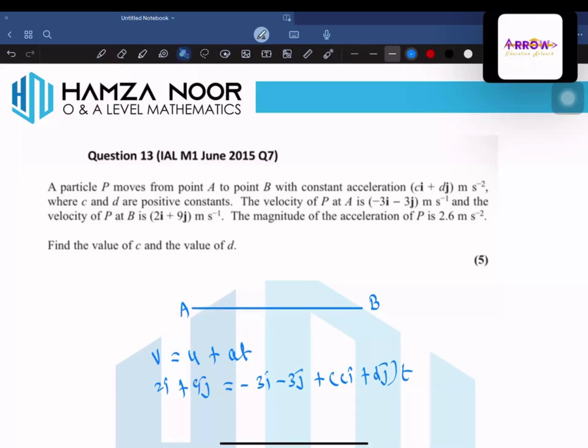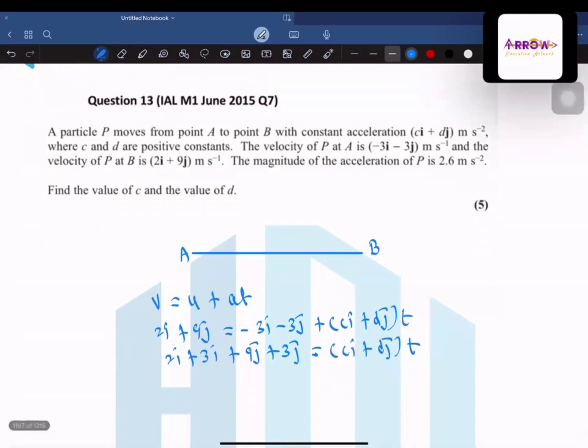All right. So what we need to do is find the value of c and the value of d. First of all, I can simplify the vector, meaning I can say that 2i plus 3i plus 9j plus 3j is equal to ci plus dj times t. Therefore this becomes 5i plus 12j is equal to ci plus dj completely multiplied by t.